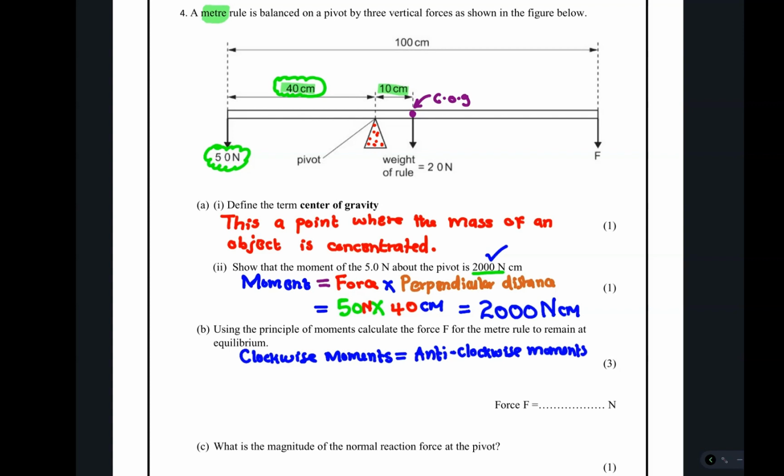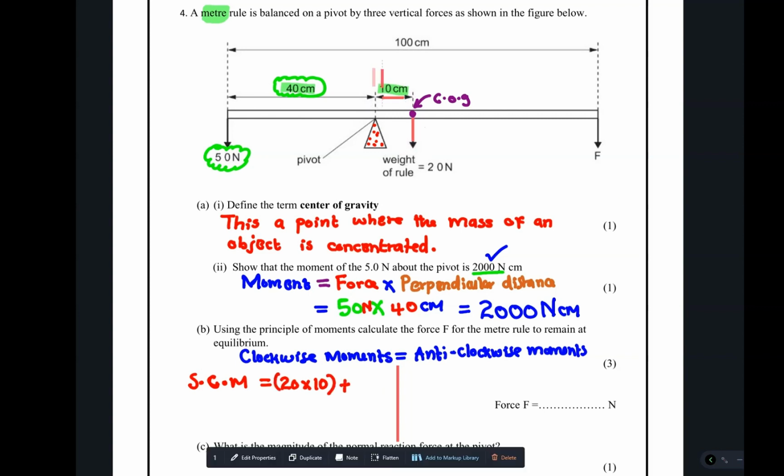Therefore, we need to work out a clockwise moment, and since we had worked out anti-clockwise moment, which is in Roman 2, we are going to equate them in order to work out F. But under the clockwise moment, we have two forces, so we are going to have the sum of the two moments. Sum of clockwise moments equals this one here, 20 Newton times 10, which is going to give us 200, of course.